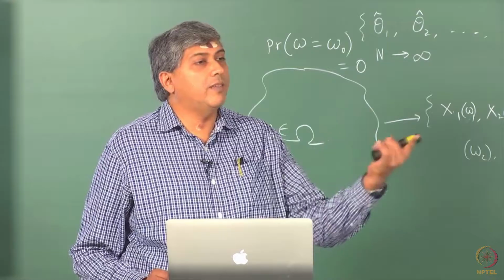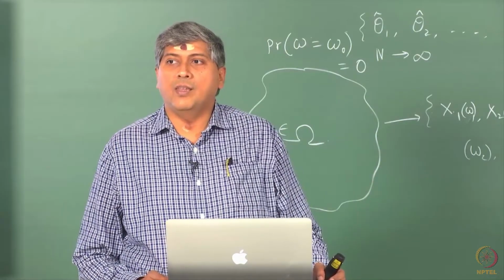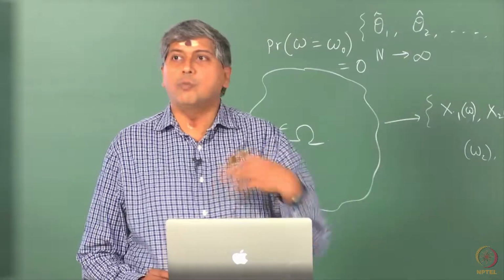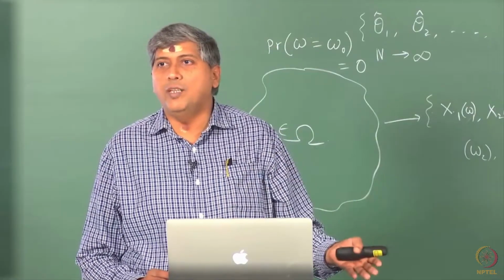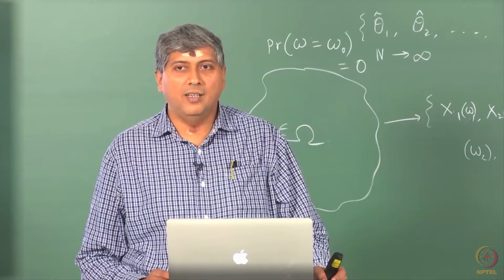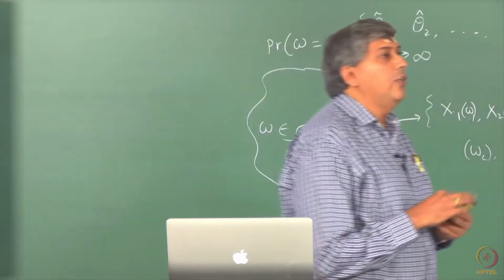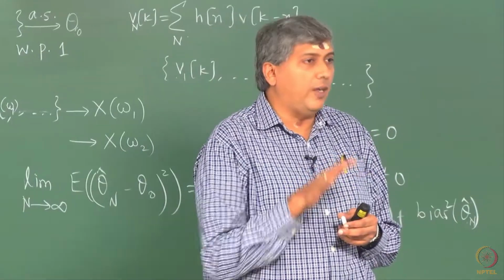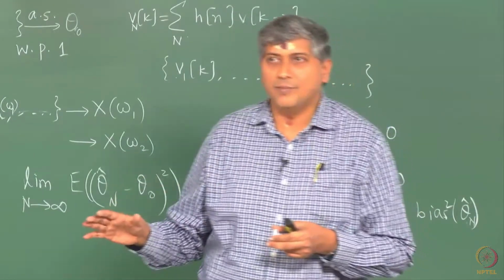What happens to the bias as n goes to infinity? The bias also vanishes. Since variance and bias both vanish, therefore, the mean square error will also vanish, and hence this estimator is mean square consistent. So, simply do not use the variance expression to prove mean square error consistency, because variance and mean square error are different when there is a bias.